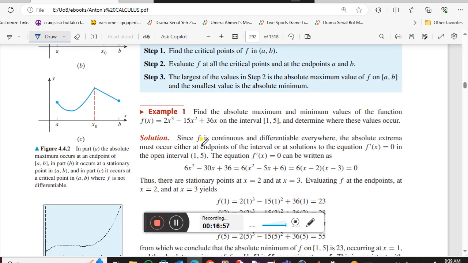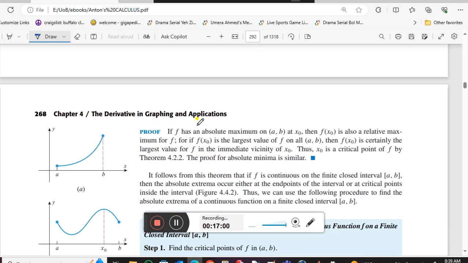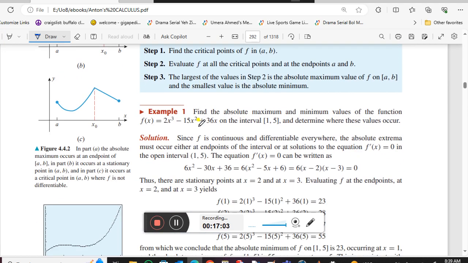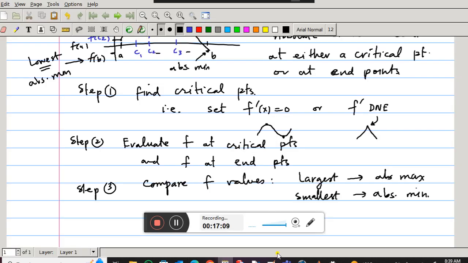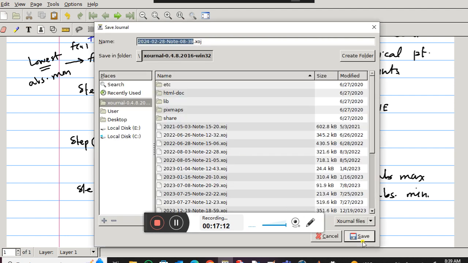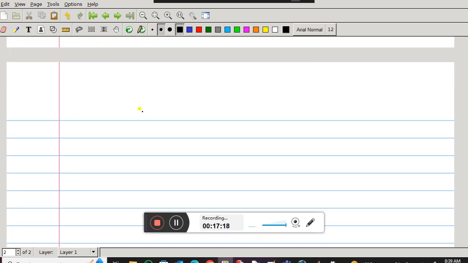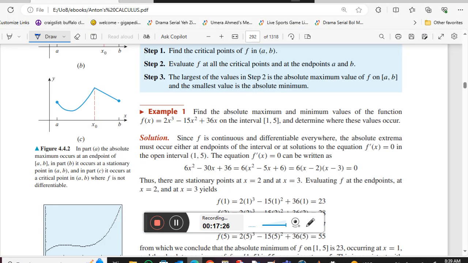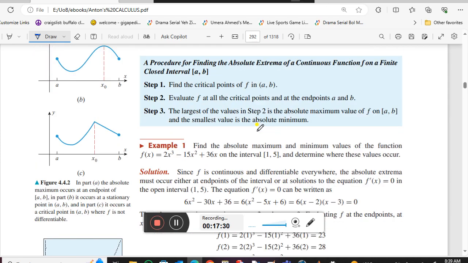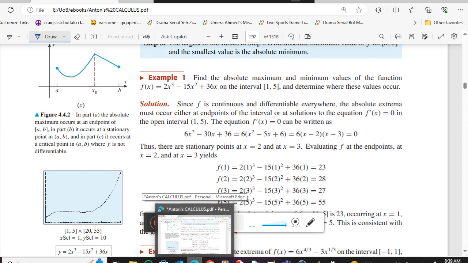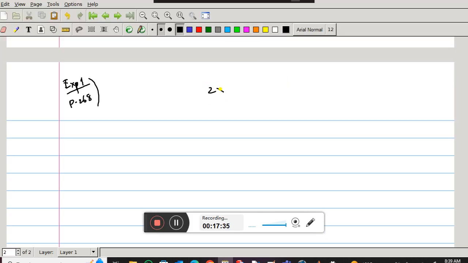Okay. So let's see, this is my example, example 1 on page 268. 2x cube minus 15x square plus 36.